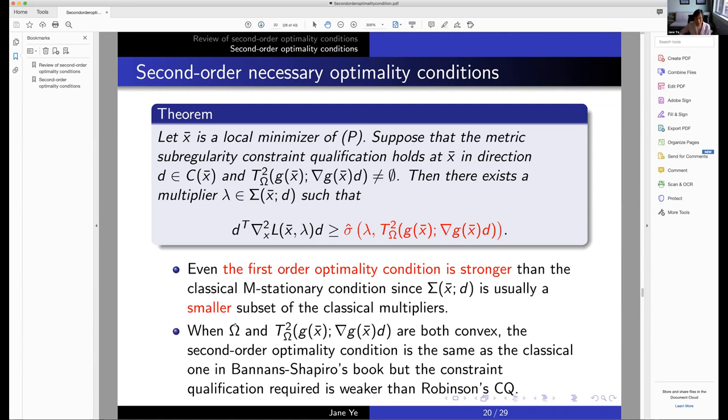So in the case when this omega and the second order tangent cone are both convex, then this second order condition is the same as the classical one in Bonnans and Shapiro's book, but the constraint qualification required is weaker, because in the book the Robinson CQ was required.